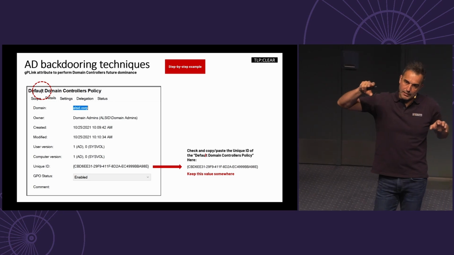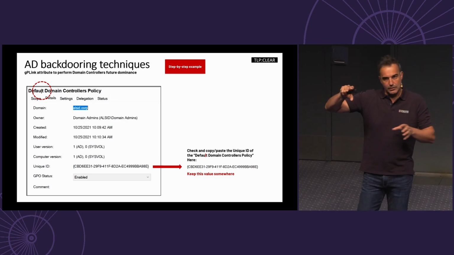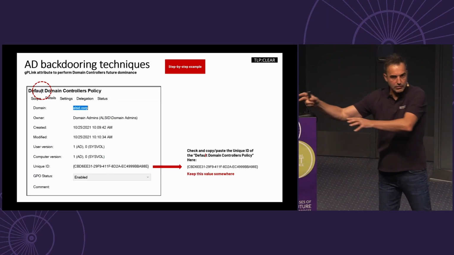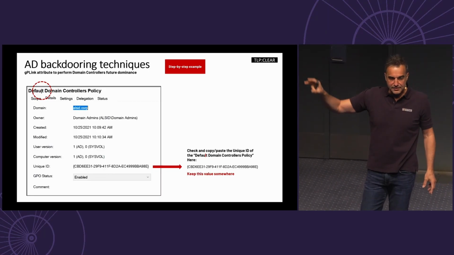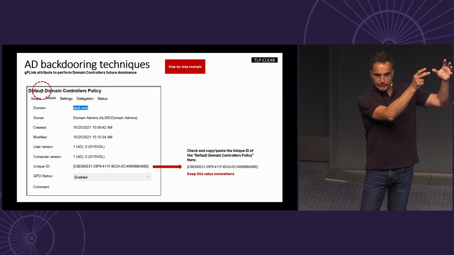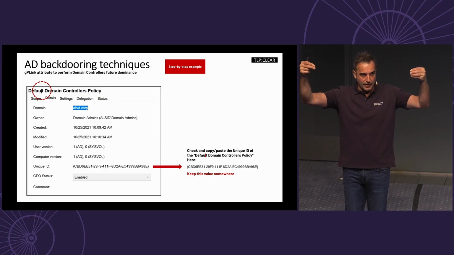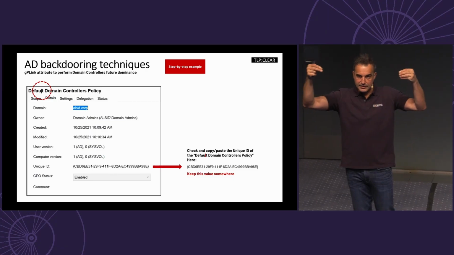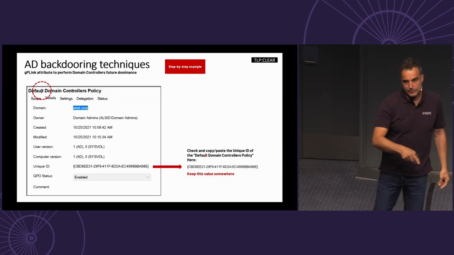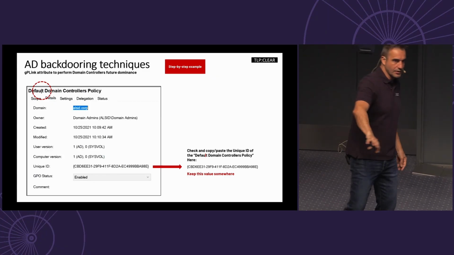You create what we name the GPT, which is the settings of the GPO, stored in SYSVOL at the file system level, and you create an object in the directory. But you need a link between both. This link is made by the system using this unique ID. So you copy-paste this one, and you keep it somewhere.